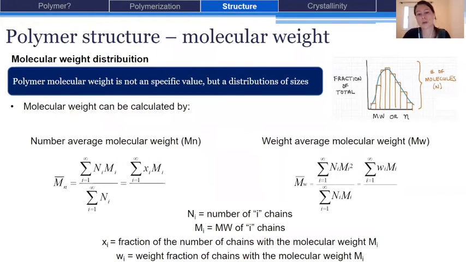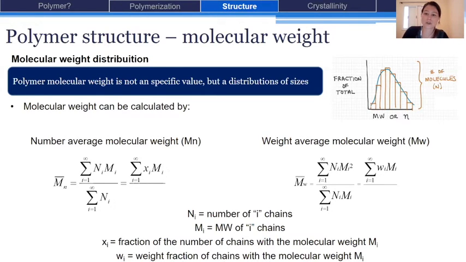So we have two ways to describe this average molecular weight. We have the number average molecular weight, which is written Mn, and the weight average molecular weight, which is Mw.